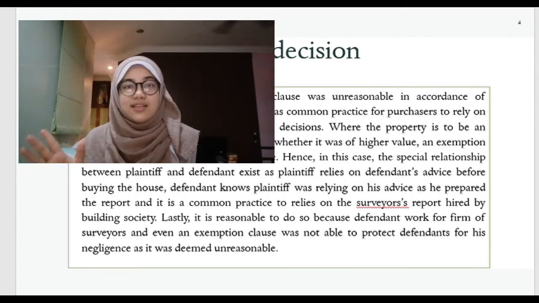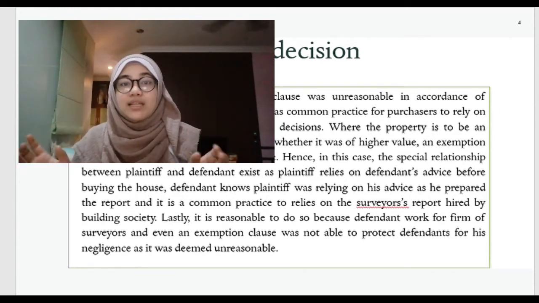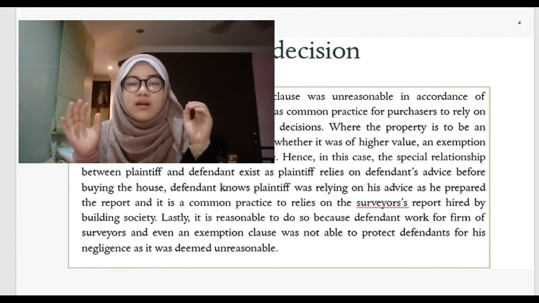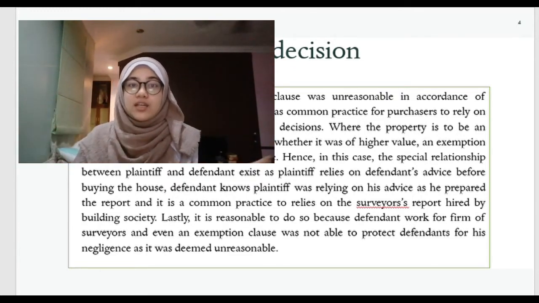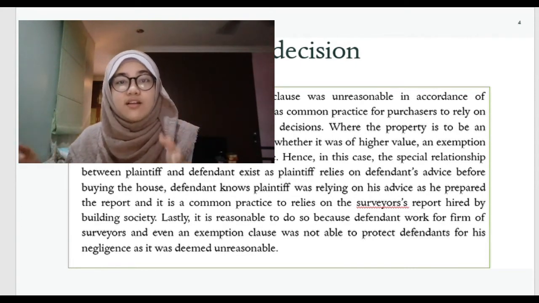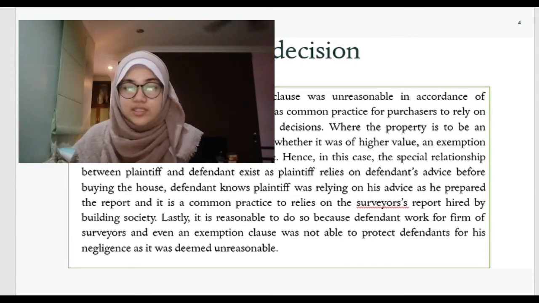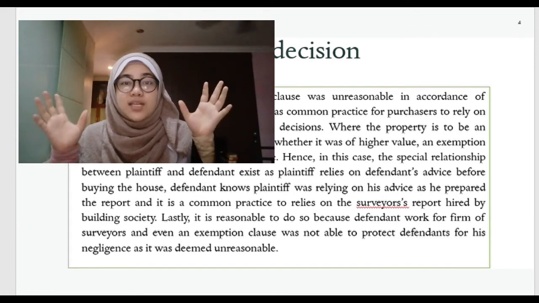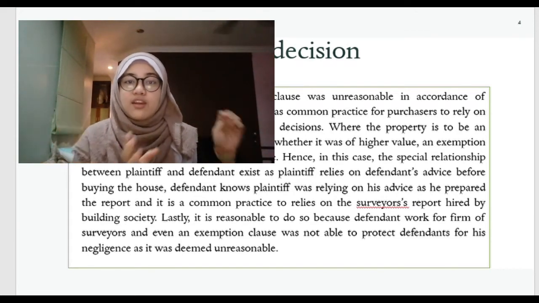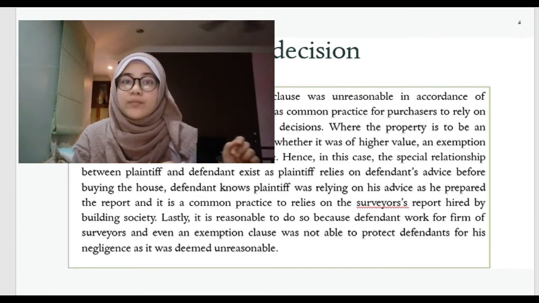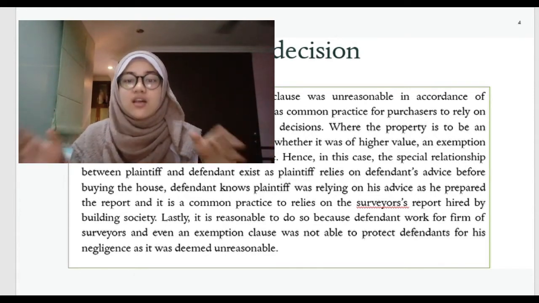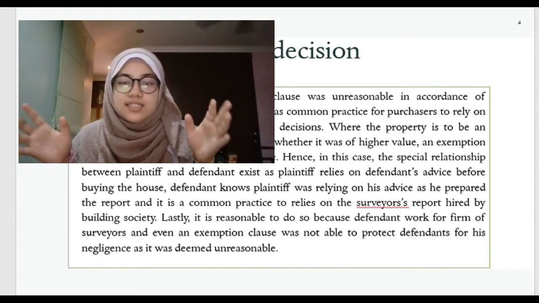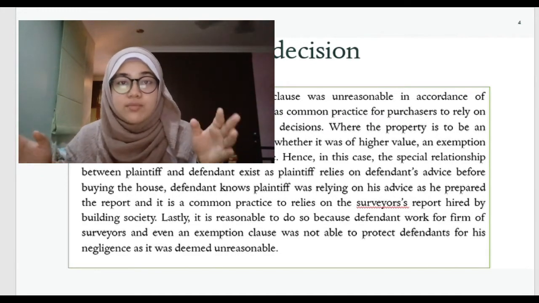And lastly, it is reasonable for the plaintiff to do that because the defendant was hired by the building society to prepare a report, and he works in a firm of surveyors and valuers. The exemption clause was made to protect the defendant, but it was not able to protect him from his negligence, as it was deemed unreasonable.